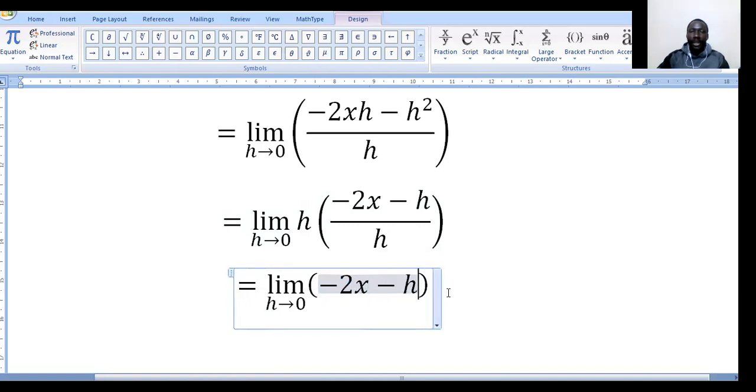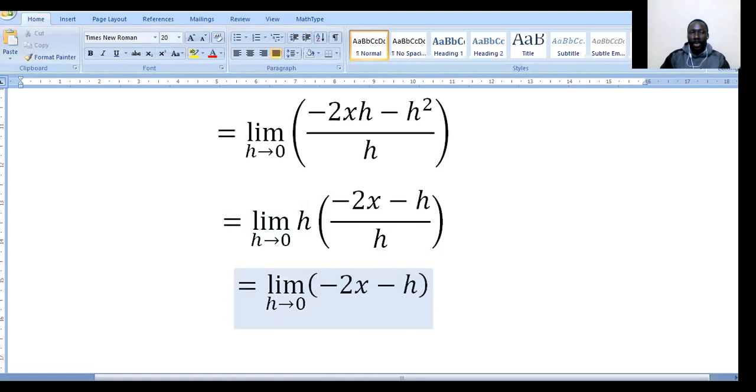Like that. So at this stage, we then now substitute 0 for h. At this stage where we have reached, we substitute 0 for h.